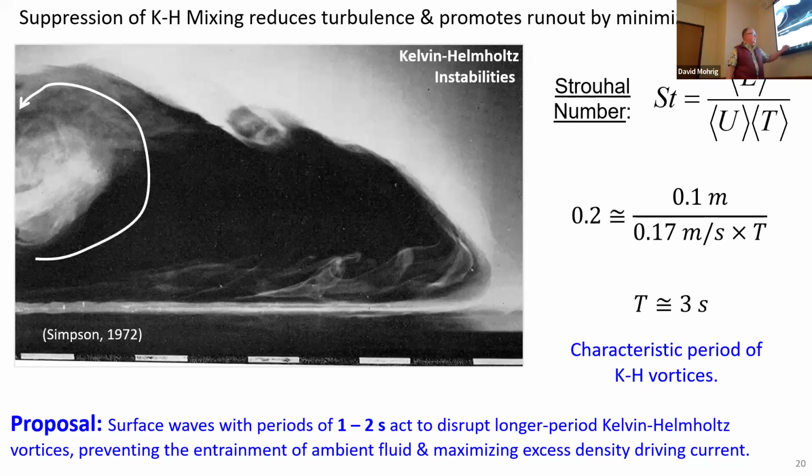And the waves that we're putting in there are between 1 and 2 seconds. And these shorter orbital velocities are totally disrupting the mixing that we see associated with the Kelvin-Helmholtz instabilities. And by doing that, they're minimizing the dilution of the currents.